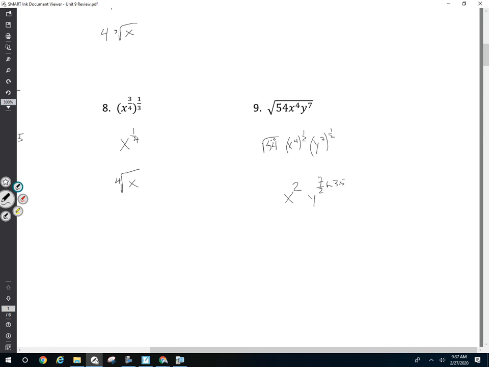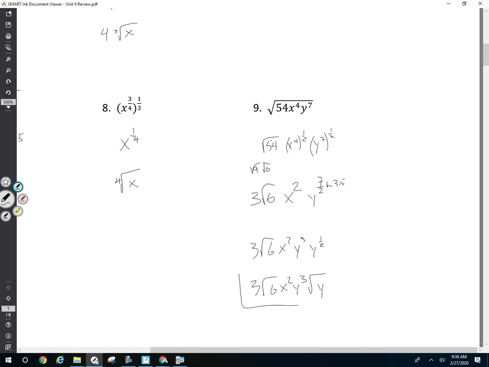Now 54 is not a perfect square, but I know 9 is a perfect square, and that goes in 6 times. So root 9 times root 6 is root 54. I'm splitting this up and splitting up the powers. The square root of 9 is 3. The square root of 6 is not a number, it's a decimal. So I'm going to write this as 3 root 6. Now 7/2, 3.5. That is y cubed with another half y, or that is y cubed root y.